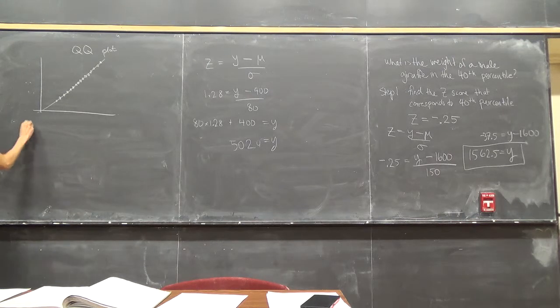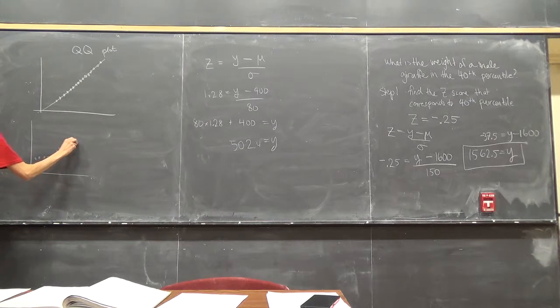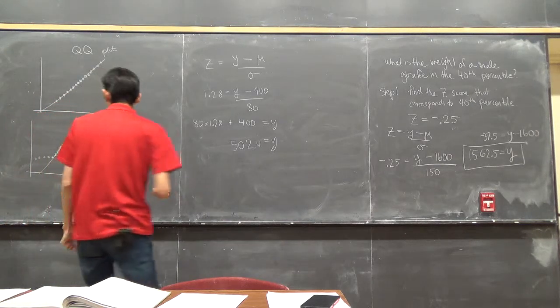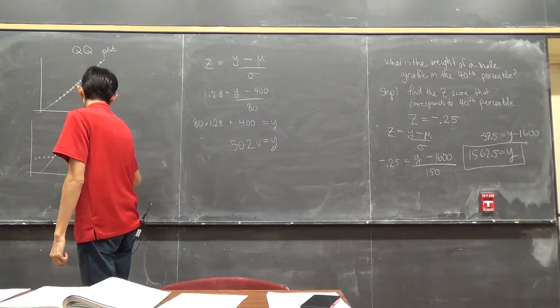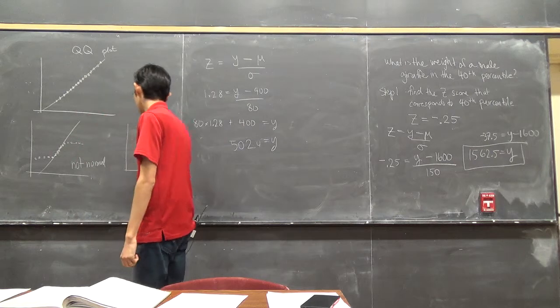If your data, when you graph it in a QQ plot, does not go in a straight line, you get something like this. Generally in a QQ plot, the points near the middle line up, but the points at the ends don't. This would be not normal, probably heavy-tailed.